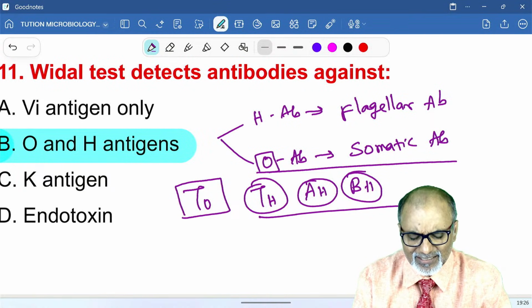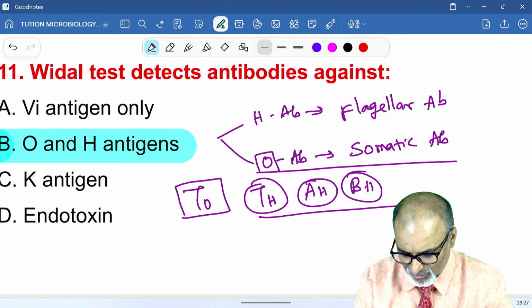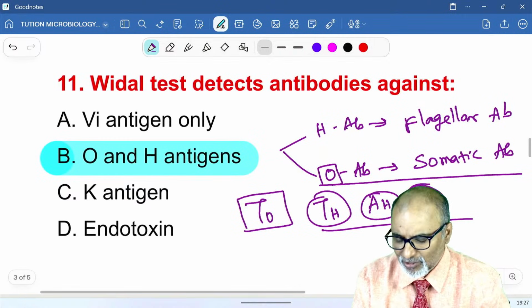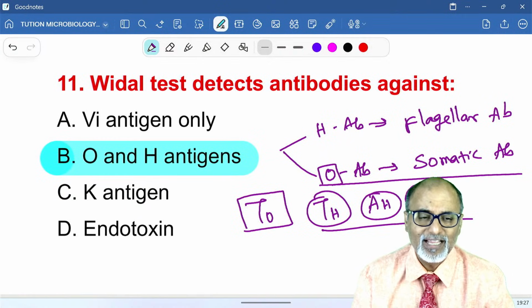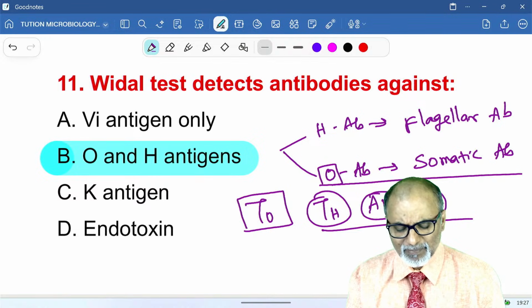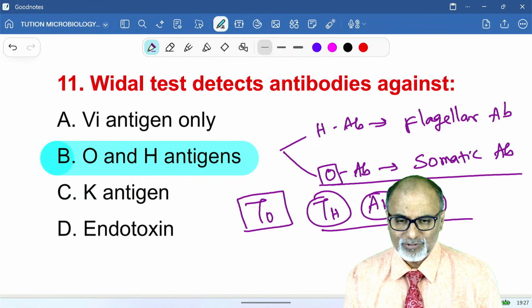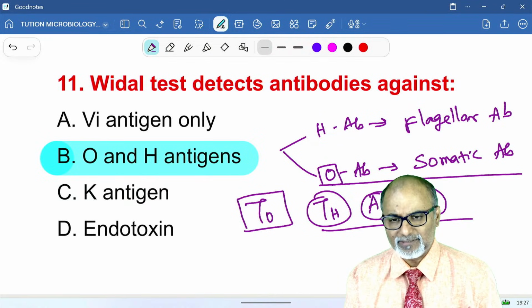But nowadays this test is not up to the mark, because India is endemic for typhoid. Everybody is having antibodies, so the test may not be helpful to confirm the diagnosis or treatment.